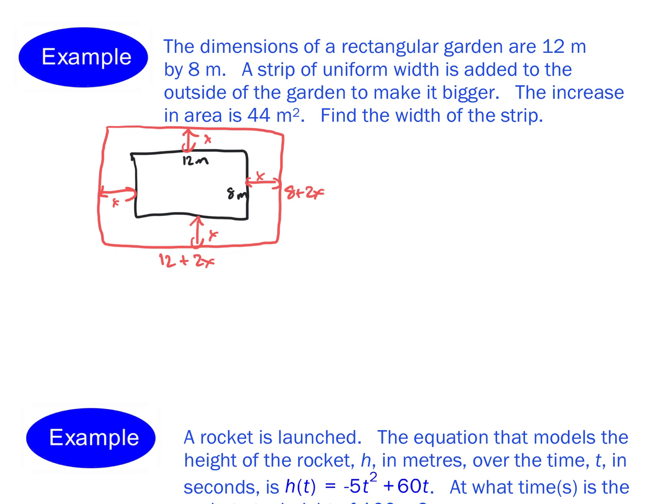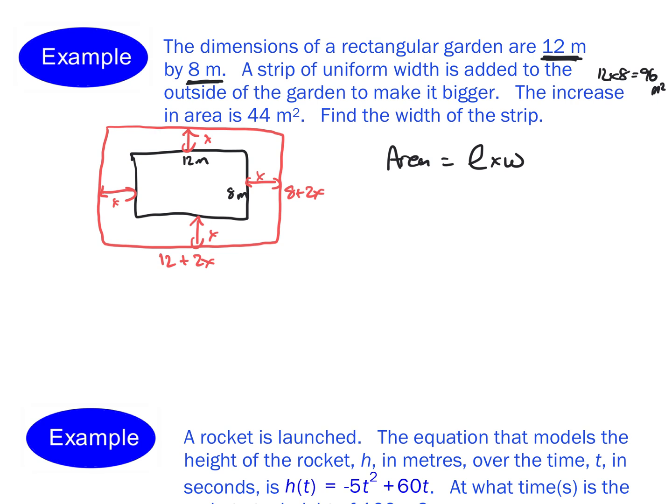So what do we know? Well, we know that area of a rectangle is length times width. And the original rectangle that was 12 meters by 8 meters, the original area, 12 times 8, is 96 meters squared.